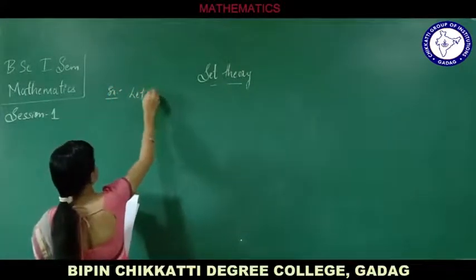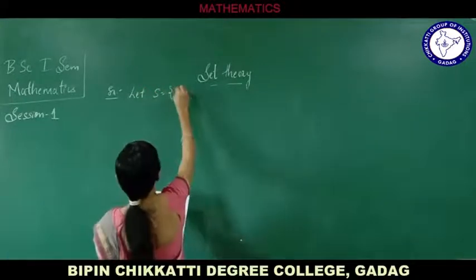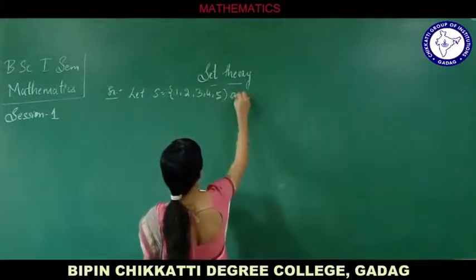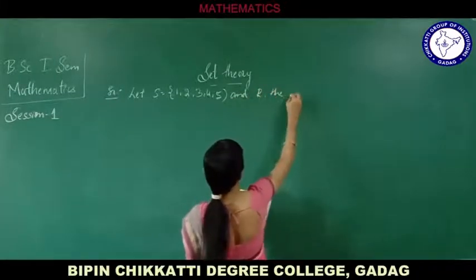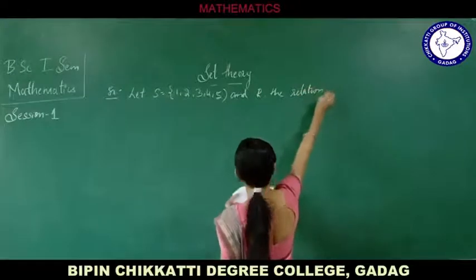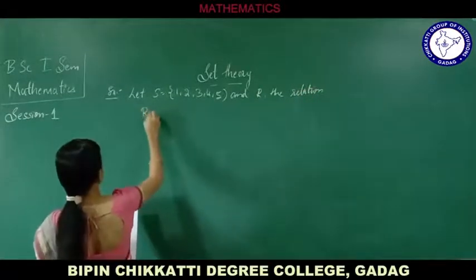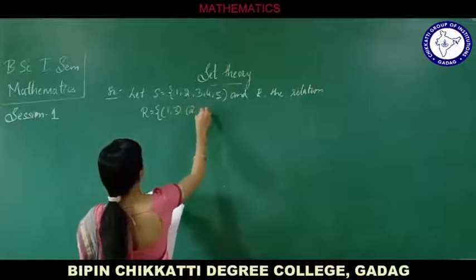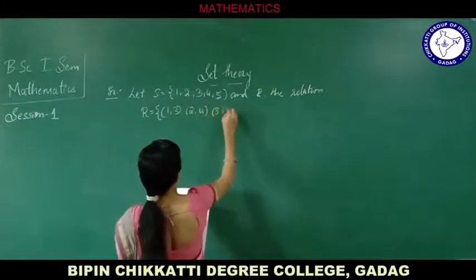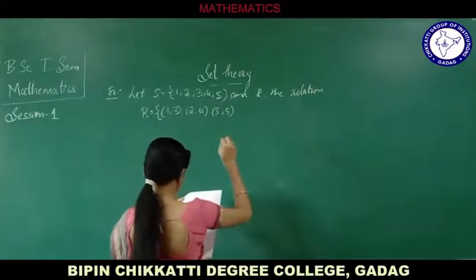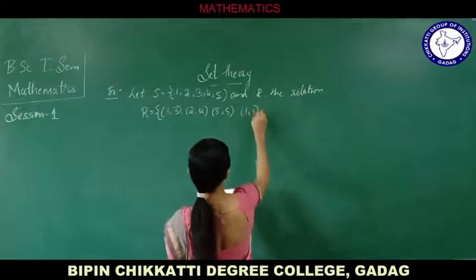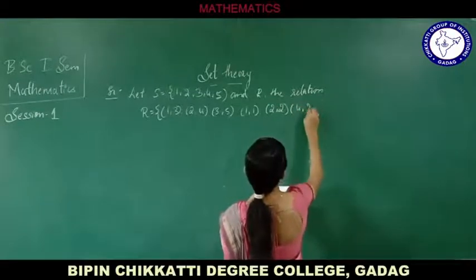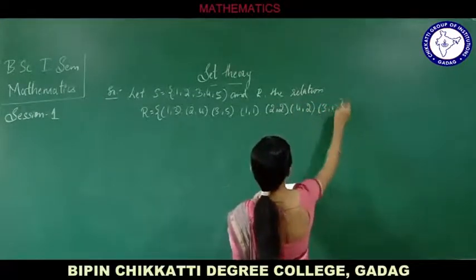They have given the set S equal to {1, 2, 3, 4, 5}, and they have given a relation R equal to {(1, 3), (2, 4), (3, 5), (1, 1), (2, 2), (4, 2) and (3, 1)}.